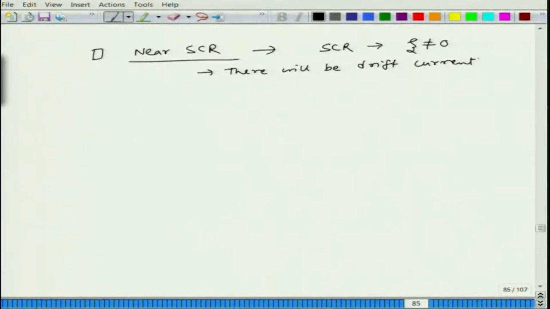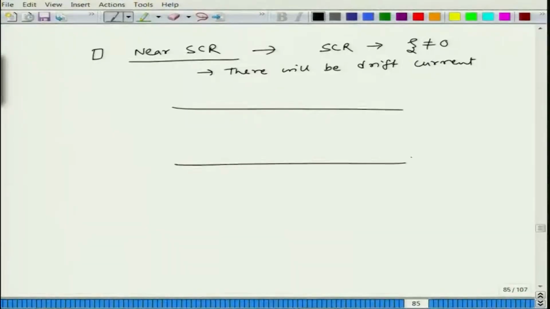Okay. And not only in the space charge region will the carriers be guided, but also some region in the quasi neutral region near it. Let me just draw it again. If this is your space charge region, there will be a certain neighboring area in the quasi neutral region on each side.